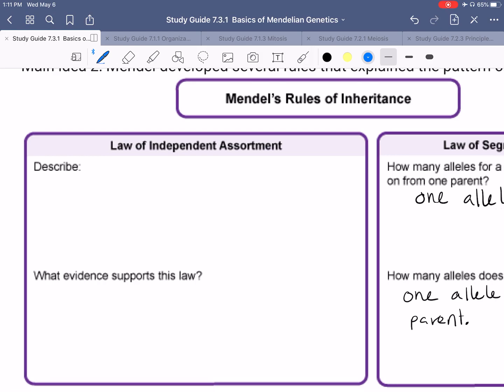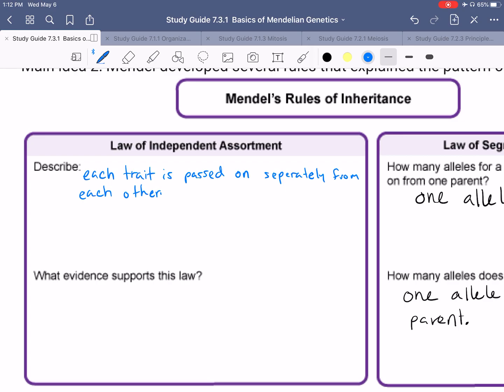So each trait is passed on separately from each other. What evidence supports this law?